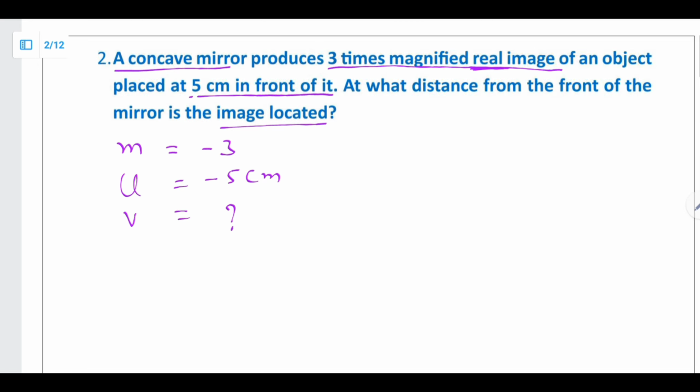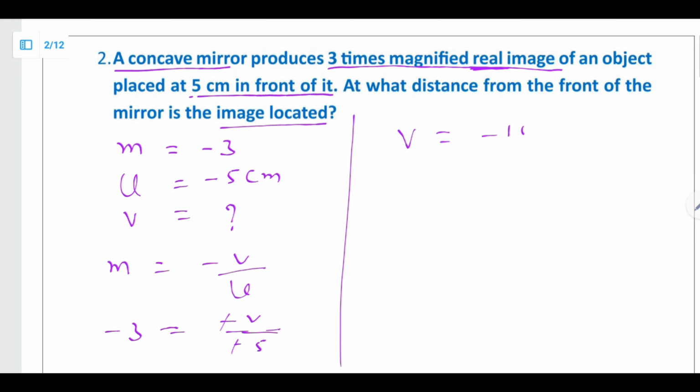Using the magnification formula m equals -v by u, substitute m equals -3, v unknown, and u equals -5 centimeters. Minus minus cancel, and on cross multiplication v equals -15 centimeters.